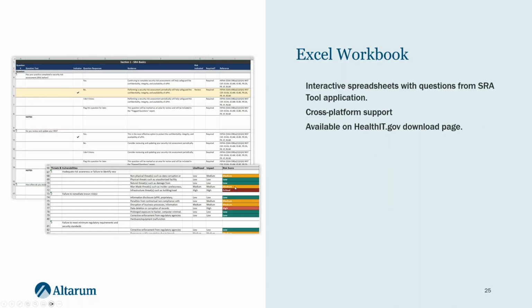So you would get the same results here as you got in the desktop tool. And again, this would be a good solution for those who don't have access to Windows. If you're running Mac, this is cross-platform. You can open this as long as you can open an Excel document. You can open and work with this Excel workbook.